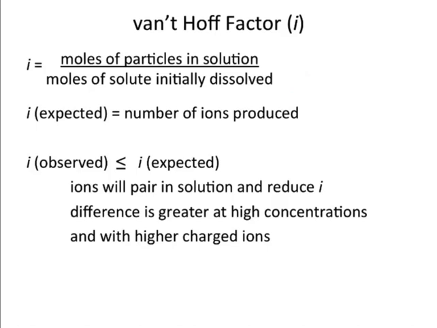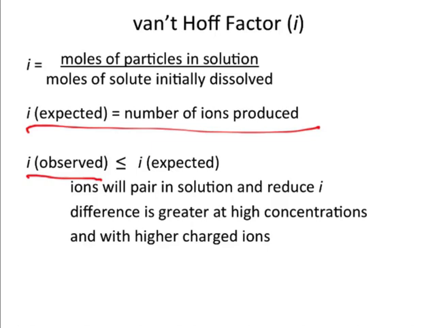Now, to be fair, it's not always quite 2 for sodium chloride, or whatever multiple you would expect. So you have the one that you would expect based on looking at the chemical formula, and then what you observe is often going to be less. These ions tend to transiently pair in solution on very short time frames, and that tends to overall reduce the number of particles globally across your whole solution.